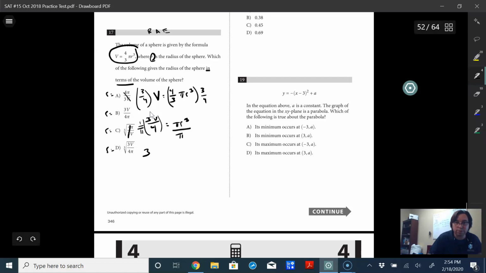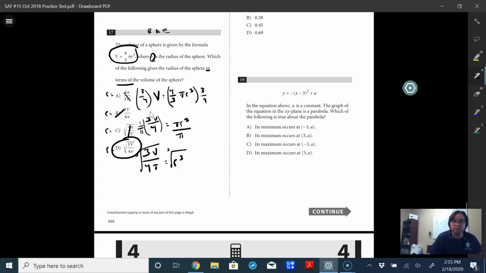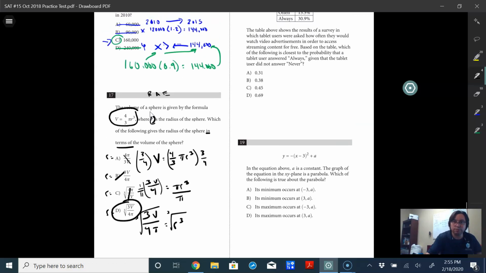Now we have 3V/4 pi equals R cubed. Then we take the cube root on both sides. That eliminates B and gives us D as the answer choice. So if you're a little fuzzy, you should know there's a cube root over here, which helps eliminate and whittle it down to the answer choice.